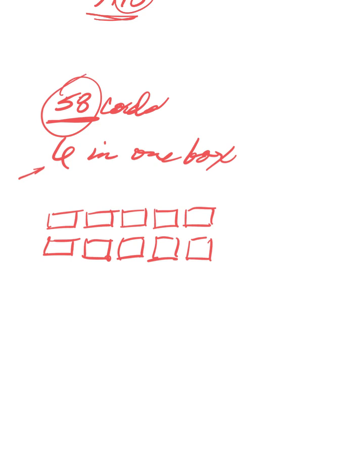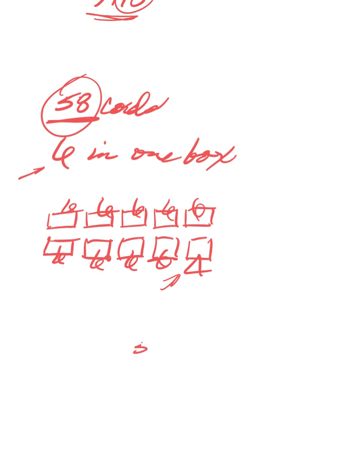So I've got 58 cords. Well, I've got to put 6 in each one of these. But the last one is not going to hold 6. It's only going to hold 4. But I still need that box. So it's going to take me 10 boxes in order to put those 58 cables in.